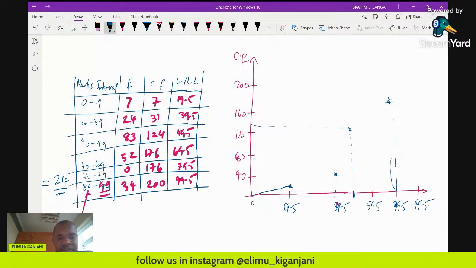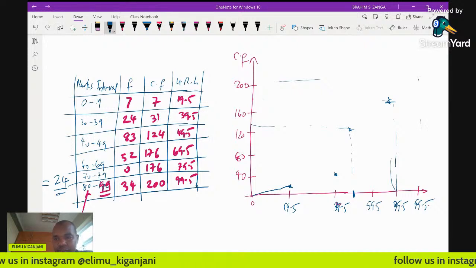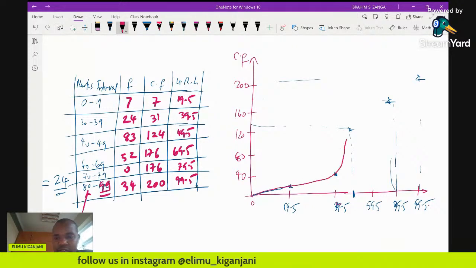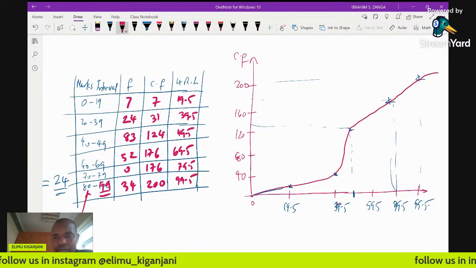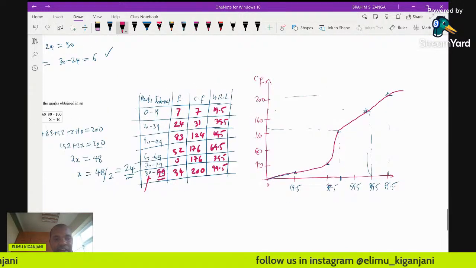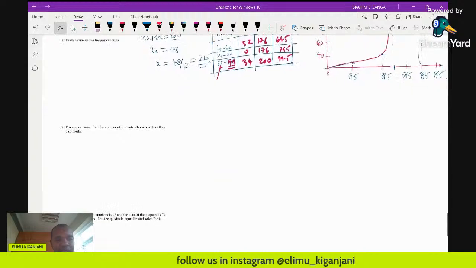Then 99.5 is going to be exactly 200. So there it is. Because we are talking of a curve, dear students, here is our curve. So this is our cumulative frequency curve according to the question.